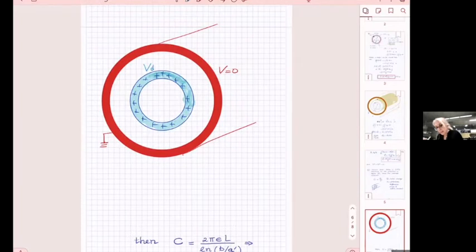So while the red is a perfect conductor here, and because of that, everything is at 0, in the blue, in reality, V sub D has small variations.